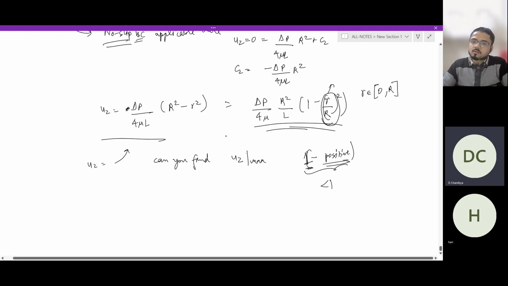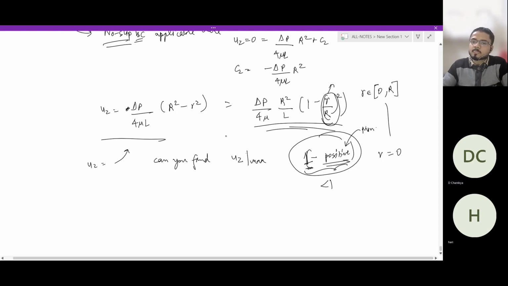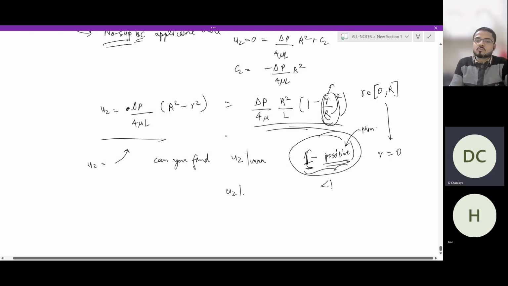The maximum value then means a minimum value for this part, and the minimum value of r is 0. So this implies that Uz max would be equal to del P R squared over 4 mu L.